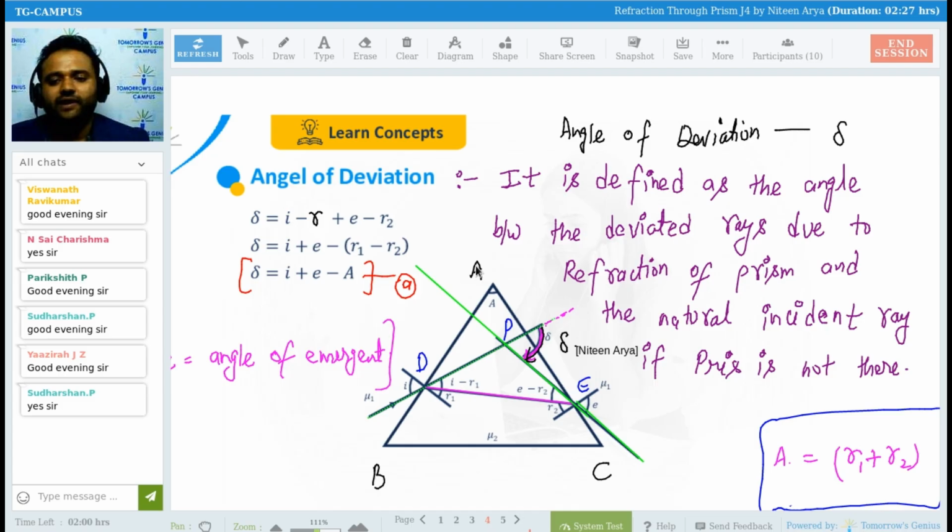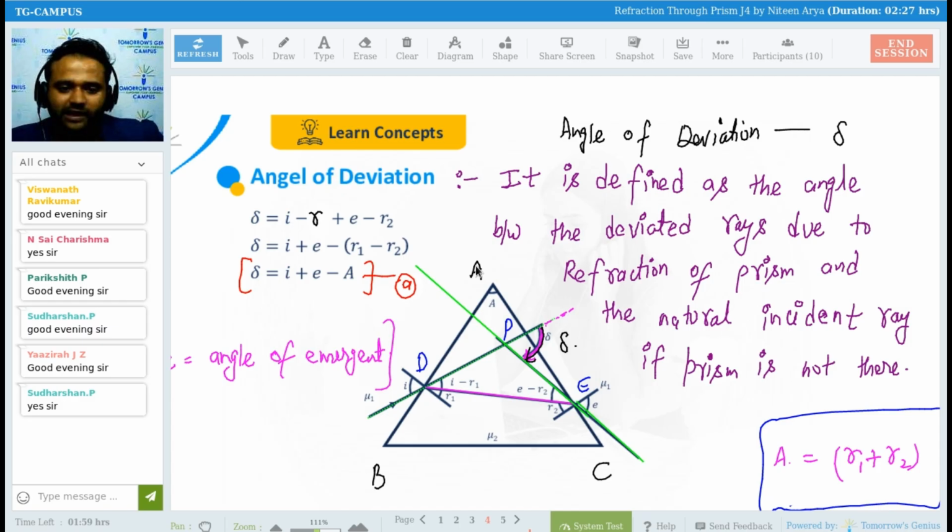It is defined as the angle between the deviated ray due to refraction of the prism and the original incident ray if the prism is not there.